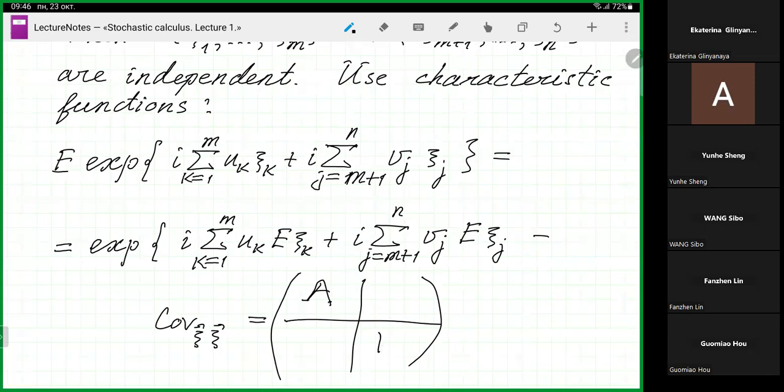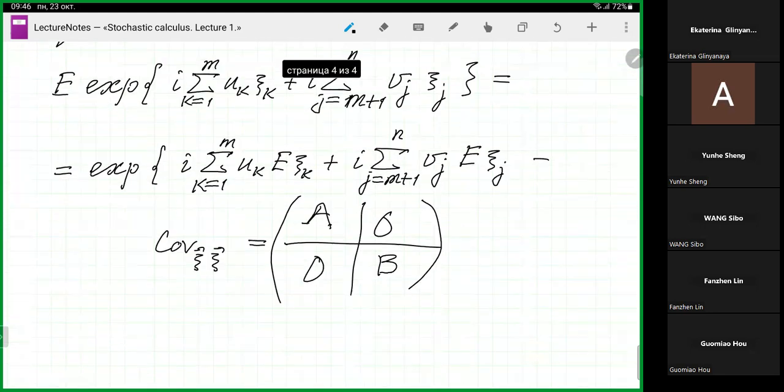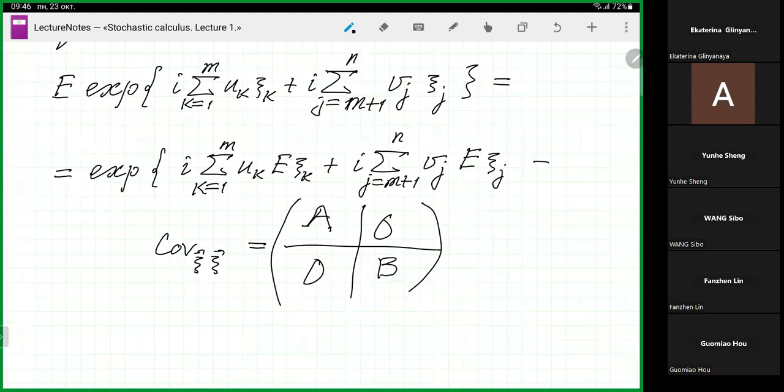Here we have the covariance between the last coordinates psi m plus 1 up to psi n. But here we have 0 due to our assumption. Since we have such a structure, I can write the corresponding quadratic form also as a sum of two quadratic forms. Let's do it.